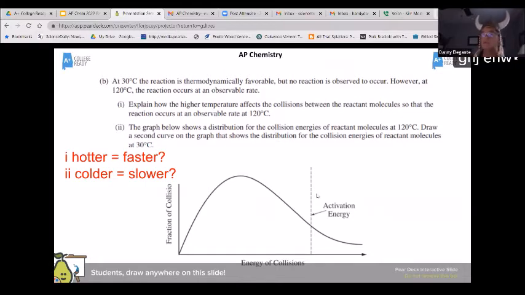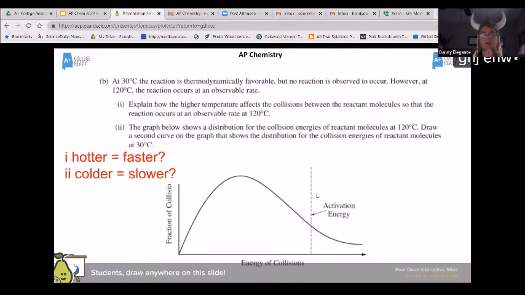So we know for a chemical reaction to happen, they have to collide. That's the first part. They have to run into each other with enough energy, right? And in the correct orientation. So I think for that first part, it's going to be important that we talk about higher temperature means more collisions, right? They're hitting each other more often, and also that they run into each other with more energy, right? Because faster molecules come from hotter molecules.